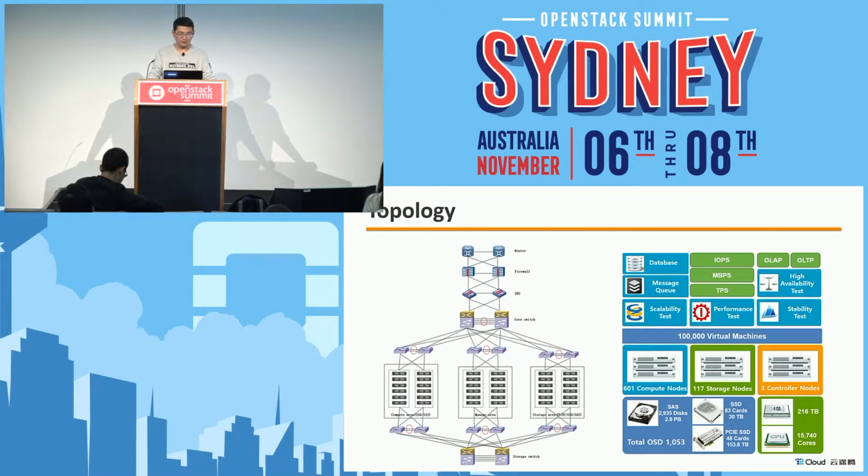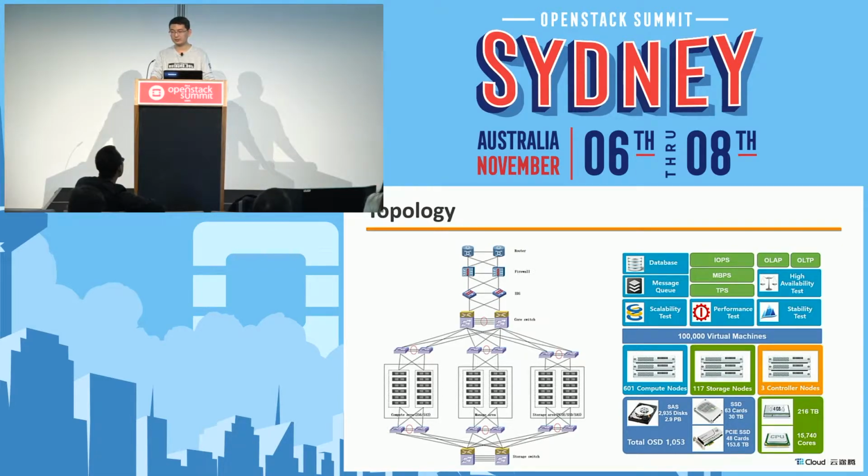In this slide, you can see the physical topology of this project. As you can see, we deploy 3 controller nodes, 601 compute nodes, and 117 storage nodes. In addition to that, there are other 79 nodes working as bare metal and big data nodes.